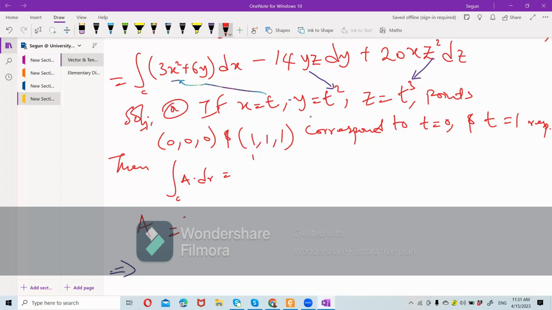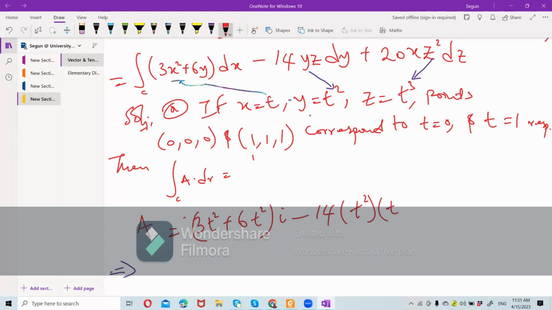Are we together? I'm together, sir. What is T? T squared. S is T squared, right? Plus 6t squared, minus 14t squared.